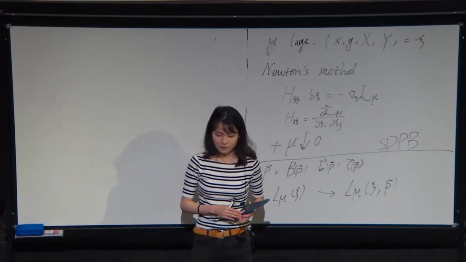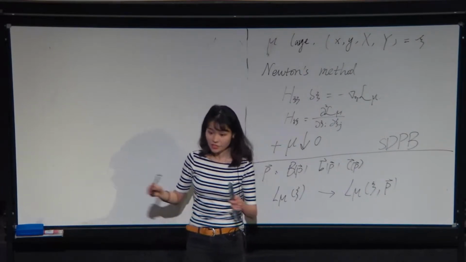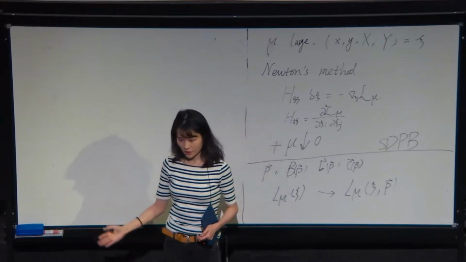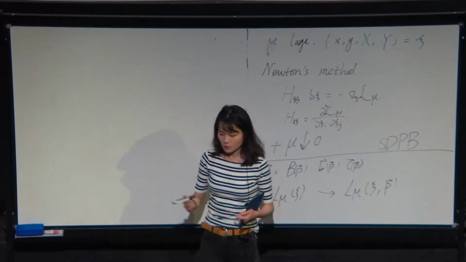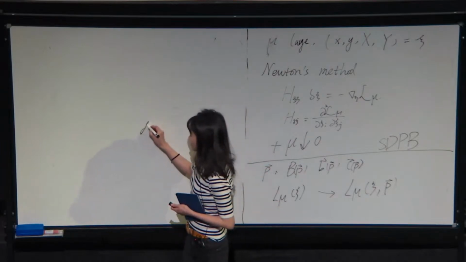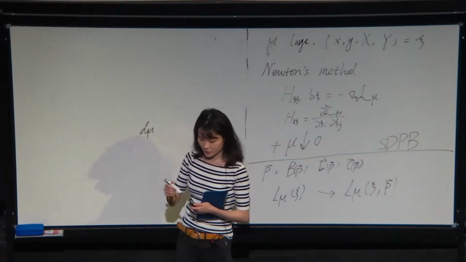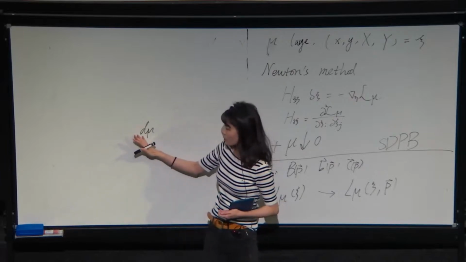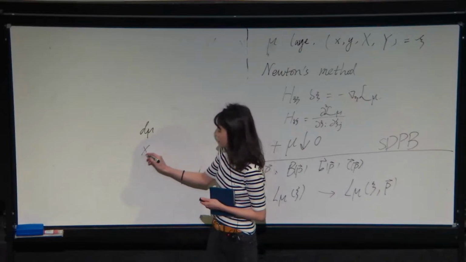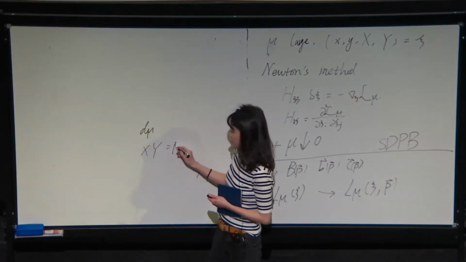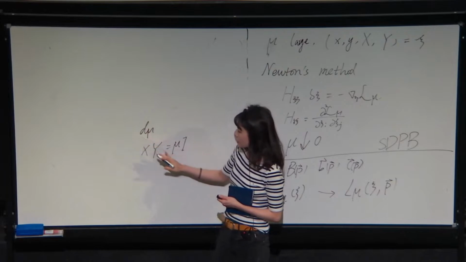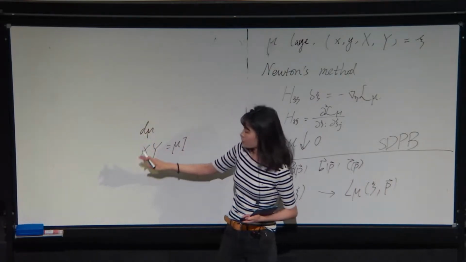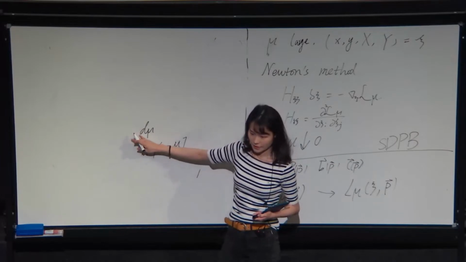I'm not exactly sure why in general, but in our case, if we treat mu as a dynamical variable and compute how d mu changes based on some differential equations, we still want to keep X and Y positive, so there are still constraints that mu cannot go to zero. So we still have to penalize the mu terms again.